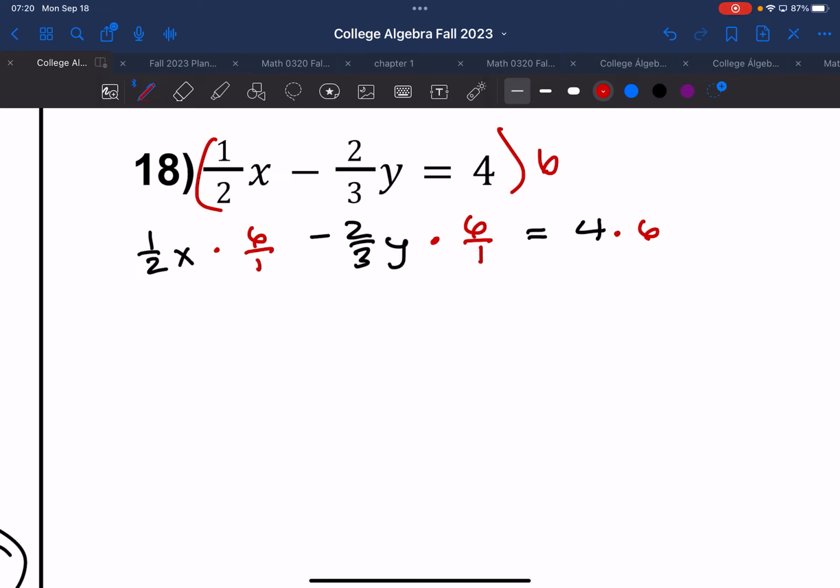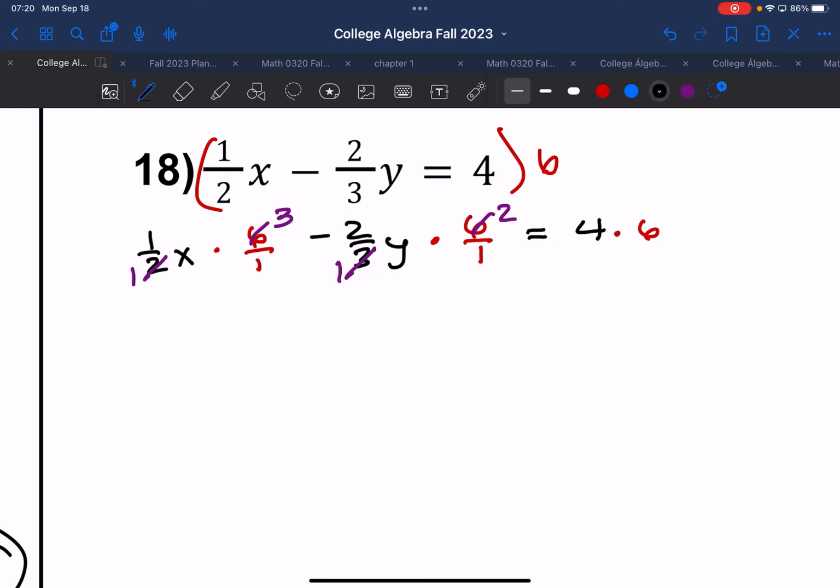So if we continue on doing that reducing method by looking at the diagonals, this 6 and this 2 can reduce to 3 and 1, right, because we could divide both by 2. Same with this 6 and 3. We could divide by 3, get 2 and 1.